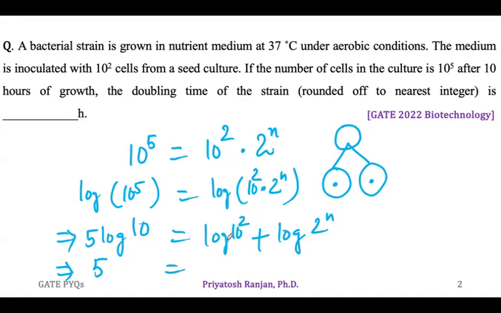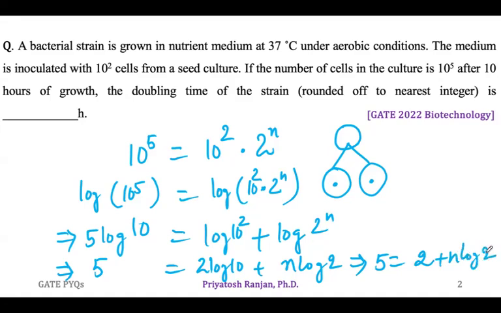Similarly, we can write this as 2 log 10 plus n log 2, which is nothing but 5 equal to, as I said, log 10 value is 1, so 5 equal to 2 plus n log 2.